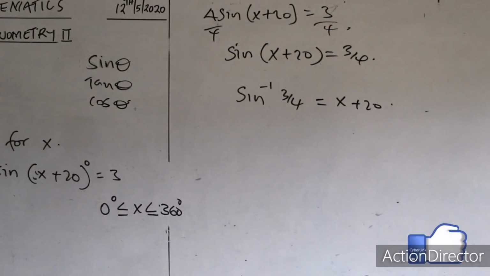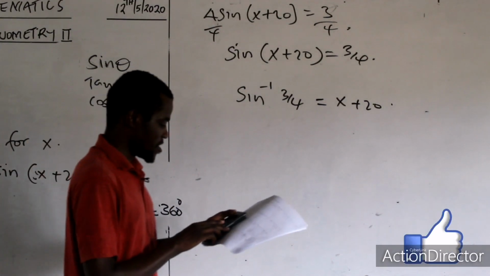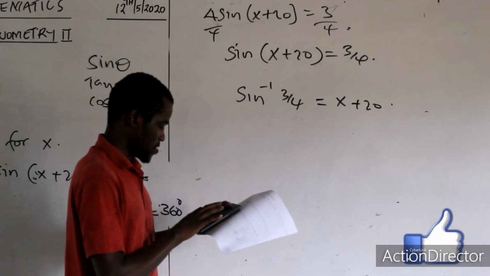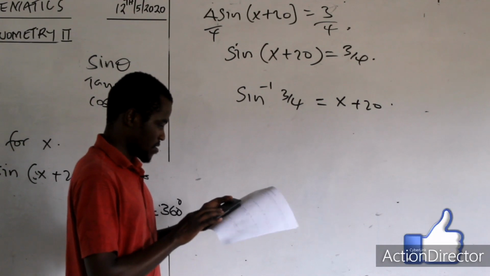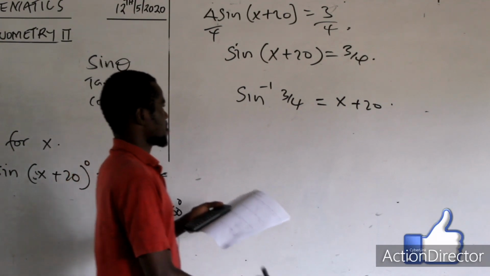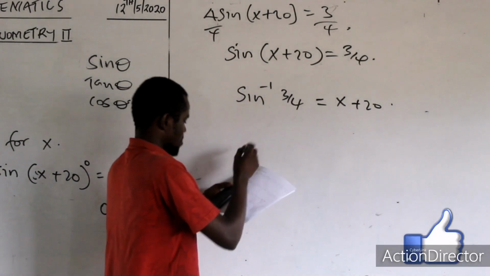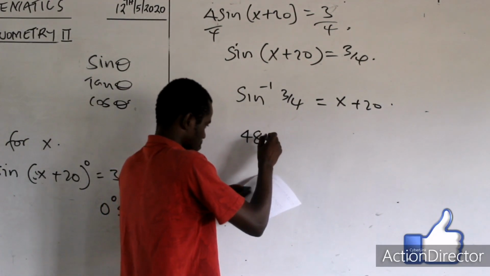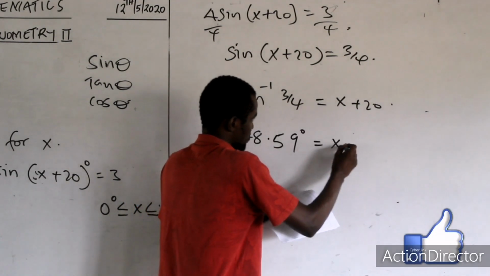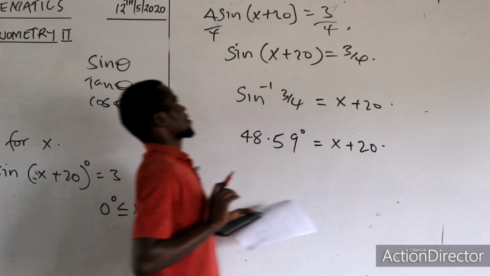Then when we do that using the calculator, sine inverse of 3 all over 4 is actually giving us 48.59 degrees is equal to x plus 20.